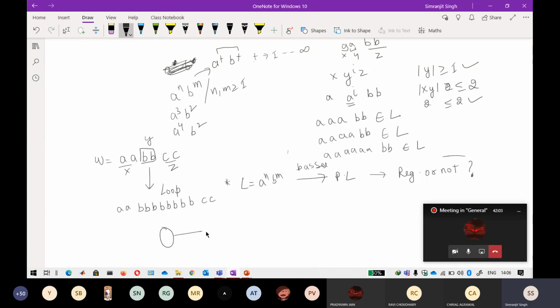By taking that loop and pumping the strings, I am able to derive an infinite pattern in a finite way. That is the logic behind it, but that logic depends on more things, like the pumping length.